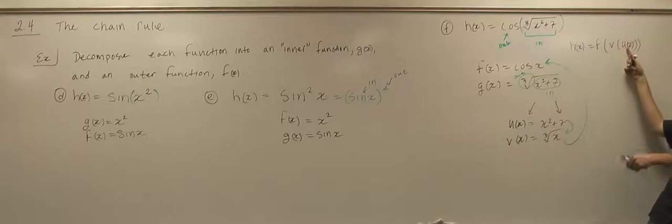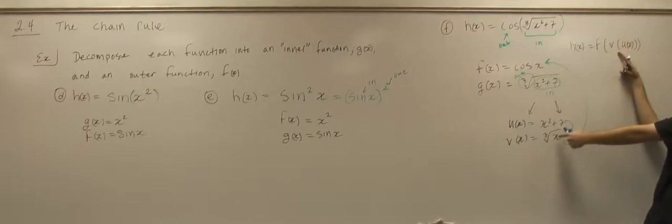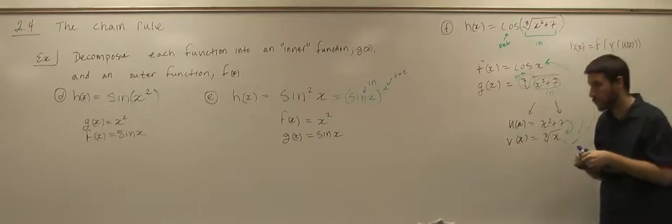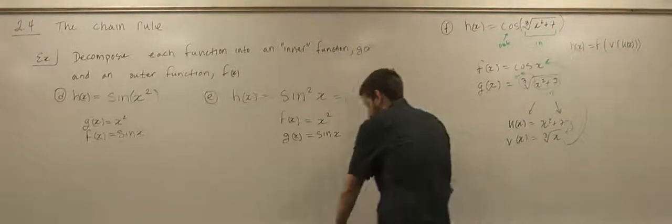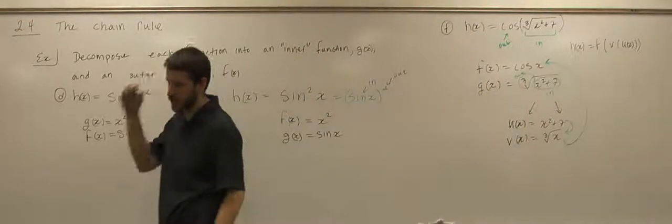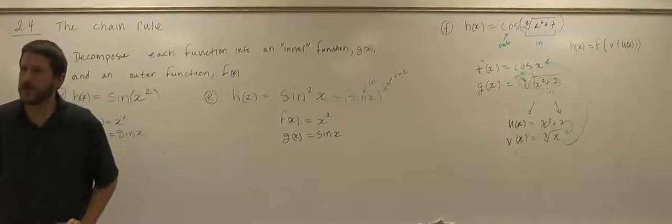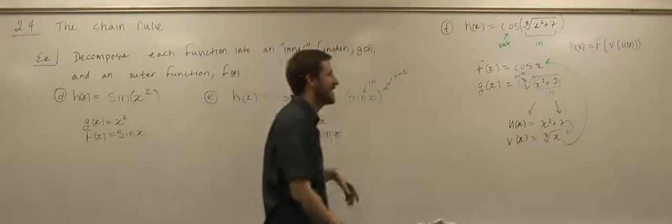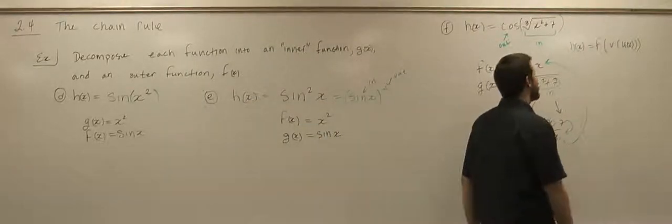You do this guy, plugged into here, and then you do that result, plugged into here. F of v of u. So sometimes you will see triple compositions, quadruple compositions, compositions with 10 functions. Maybe not 10. Depends on how creative I feel.